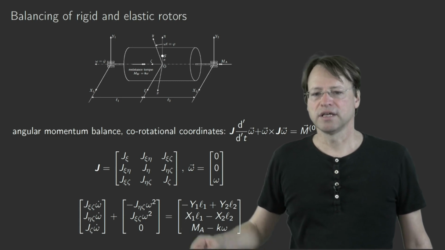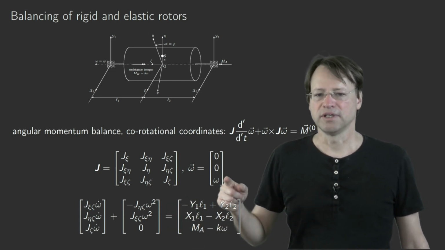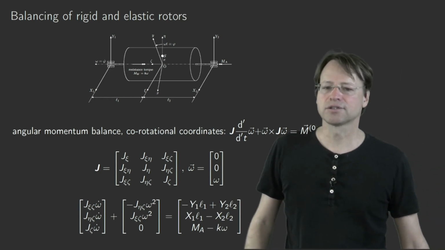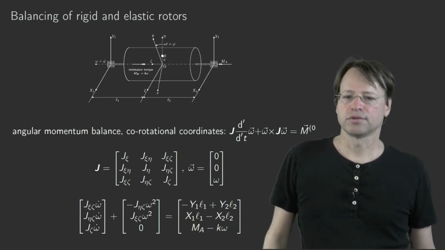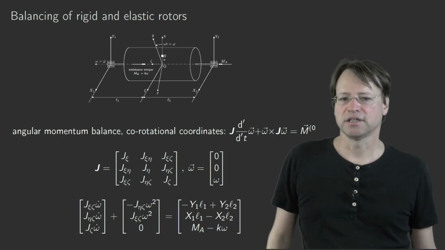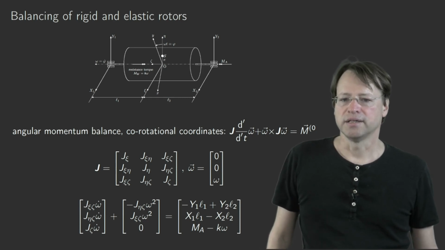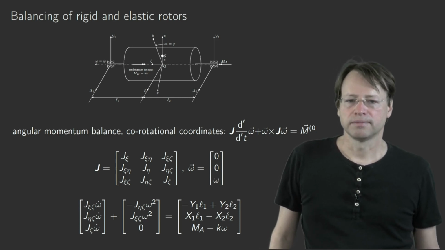And what you find is that you will find only entries in the first and the second row, because omega has just one component in the last row. That component in the first row is just J eta zeta omega squared minus J eta zeta omega squared, and in the second row we will have J psi omega squared.